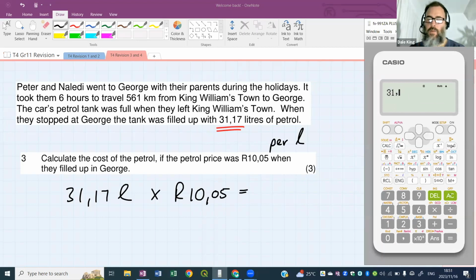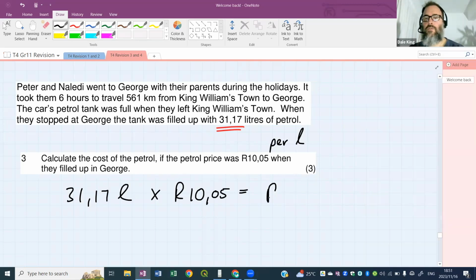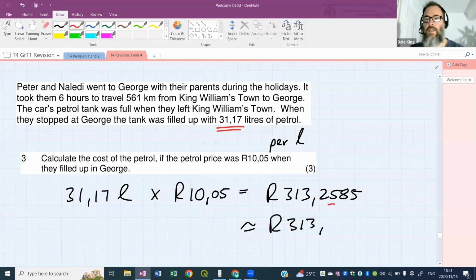So it's 31.17 times 10.05, which gives 313.2585. Obviously we're going to round this off. They didn't give us an instruction, so we will round off to 2 decimal places. We will look at the second decimal, and will it change? Yes, it will. So 313.26.